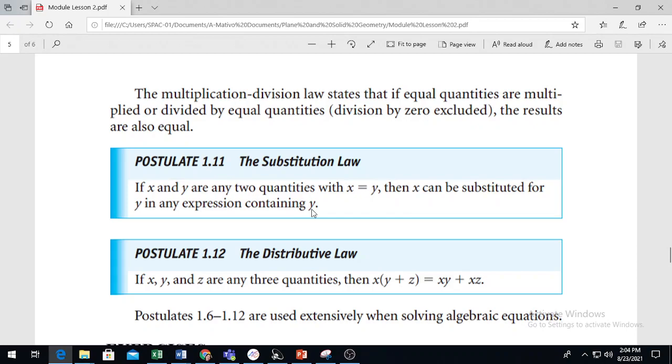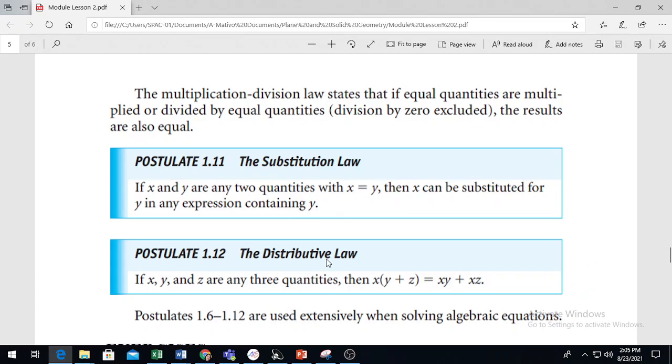Therefore, if X equals Y, then every X variable in your equation, since it is equal to Y, can be replaced with the value of Y. That is the substitution law.